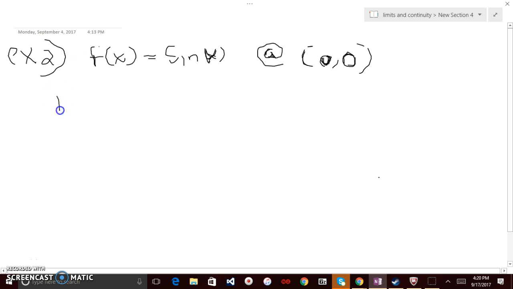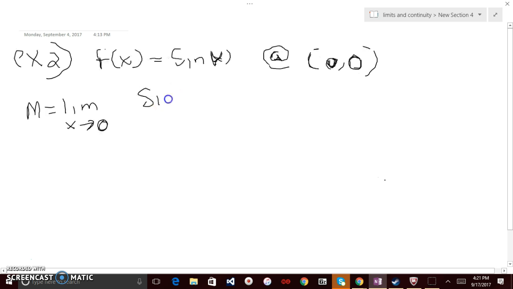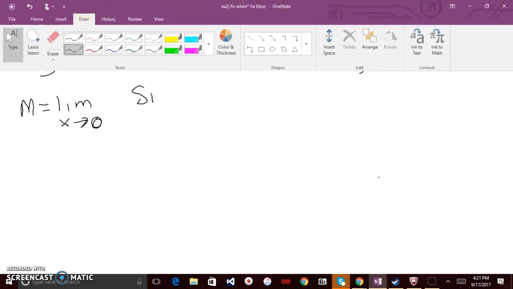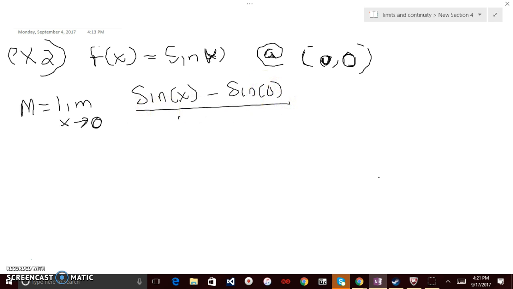So the slope m is equal to the limit as x approaches 0 of sine of x minus sine of 0 over x minus 0.